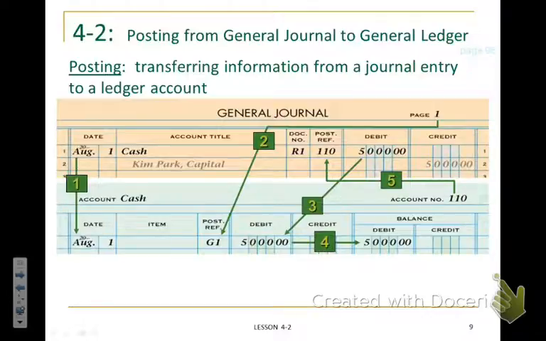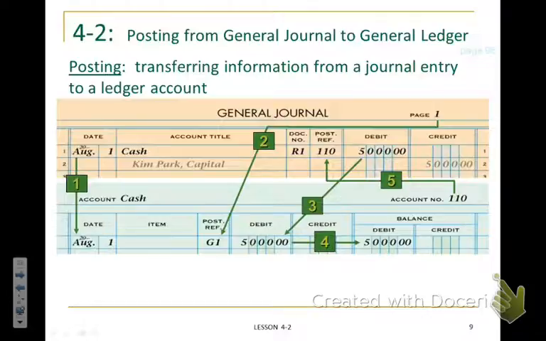That's going to be a mistake because that's your way of knowing that you're done posting that part of the entry. Okay? If you accidentally had to get called away from your desk or something in the middle of posting, you would know where to go back to because from that point forward, there would be no post reference in that column. Okay? So you post reference last.